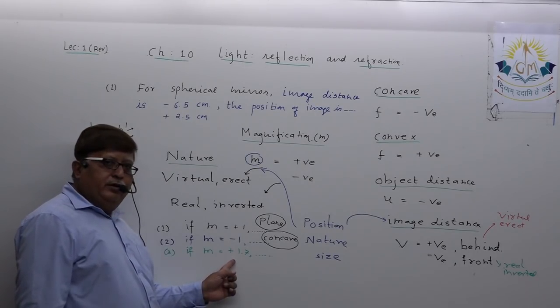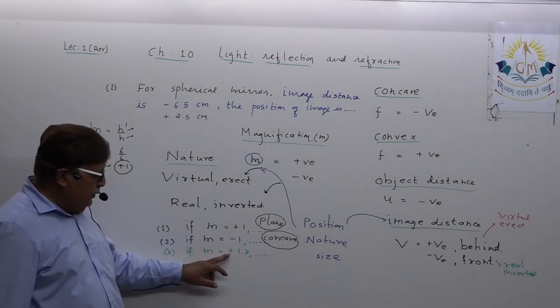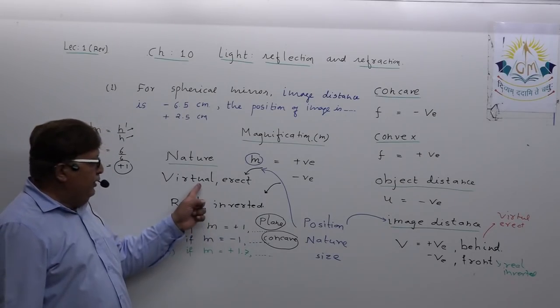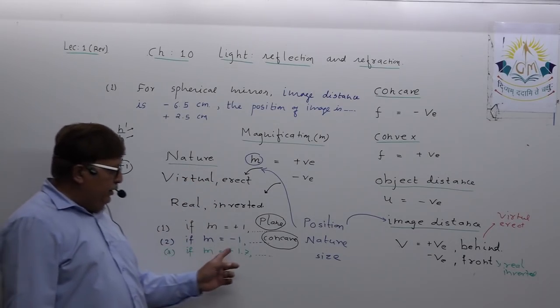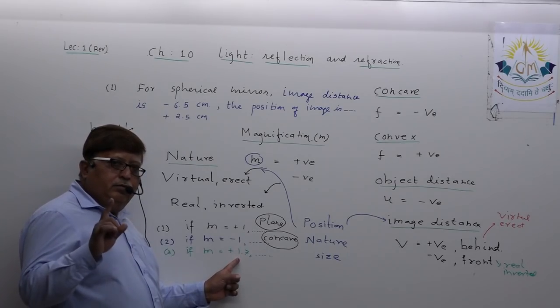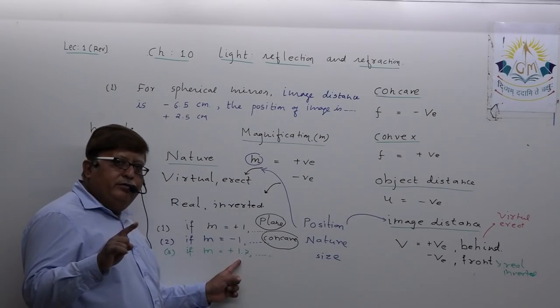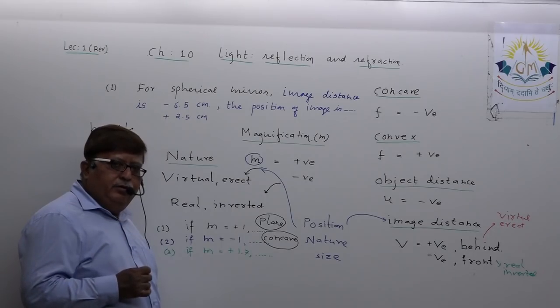So dear student, guess. Mark all these words. Positive sign means virtual and erect. Can you guess now? Image is virtual, erect, and larger than the object. Which mirror can do this?